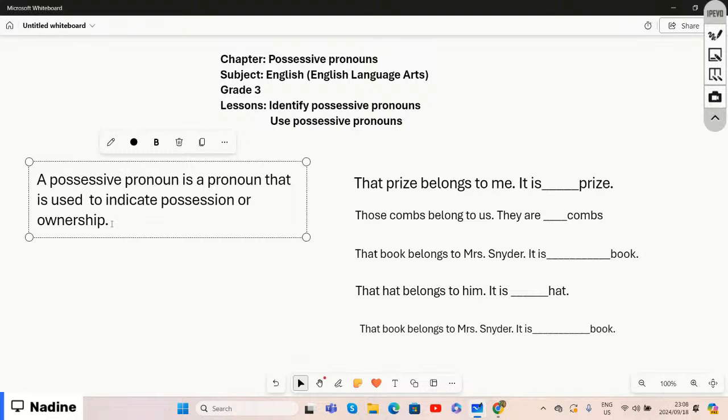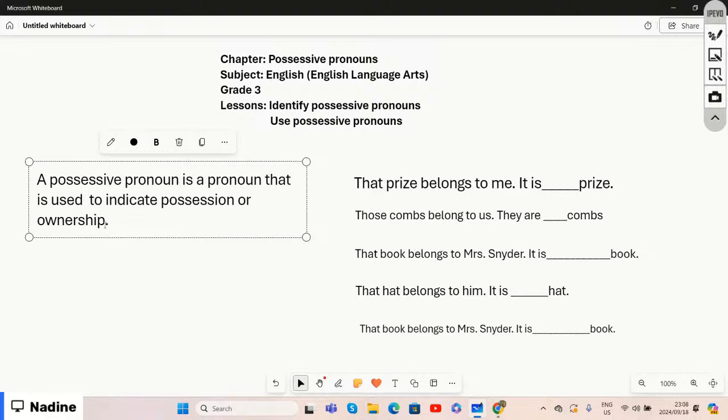If it belongs to maybe your brother and your sisters, you're going to say it is theirs. If it belongs to you and somebody that's sitting there with you, then you can say it is ours, right? So it just shows possession, or ownership of something, and that is a possessive pronoun.